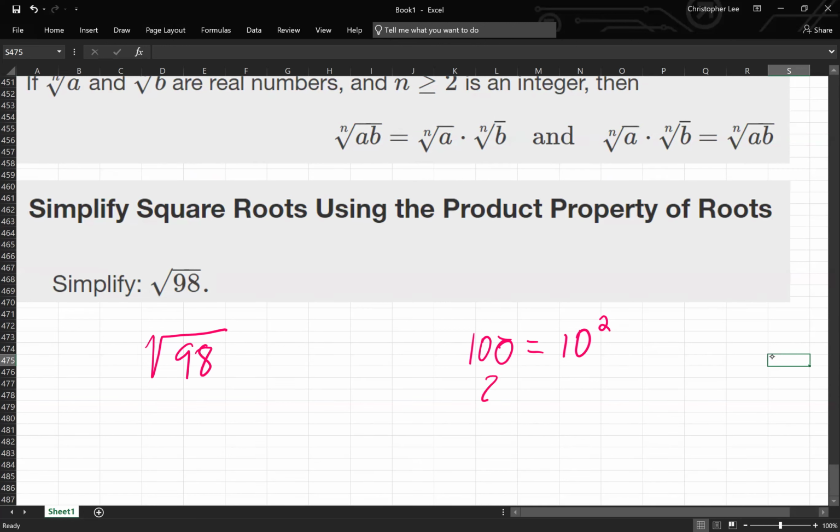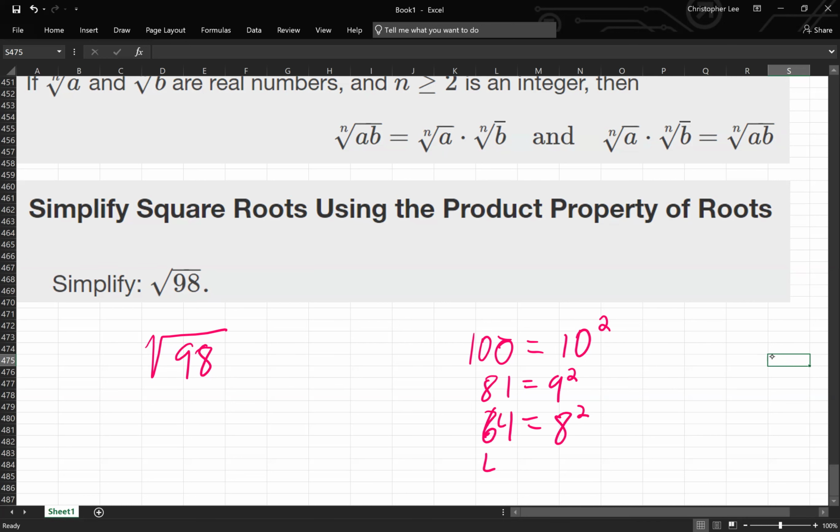What about 81, which is equal to 9 squared? Can 81 go into 98 evenly? It doesn't. How about 8 squared, which is 64? Does that go into 98 evenly? It doesn't.